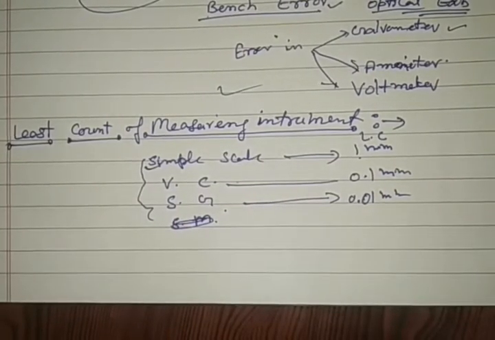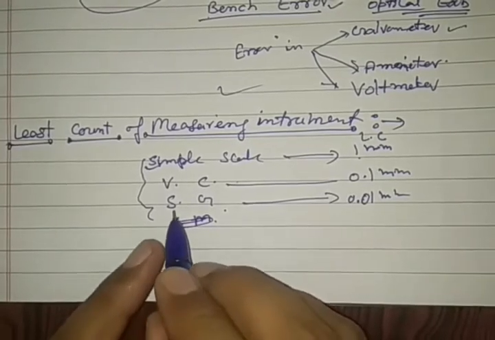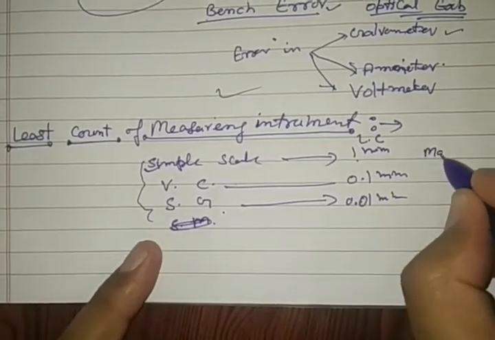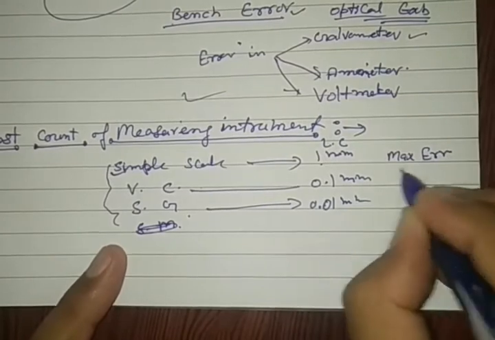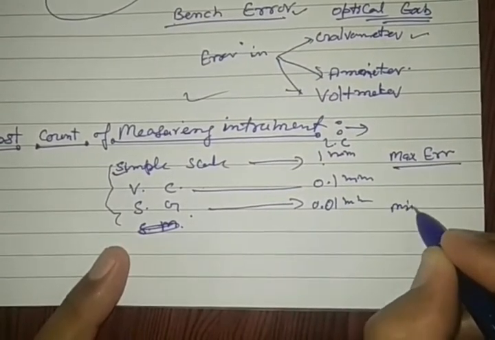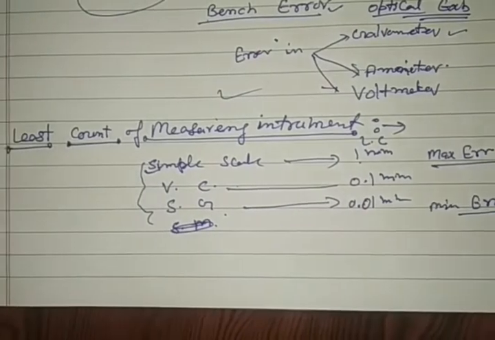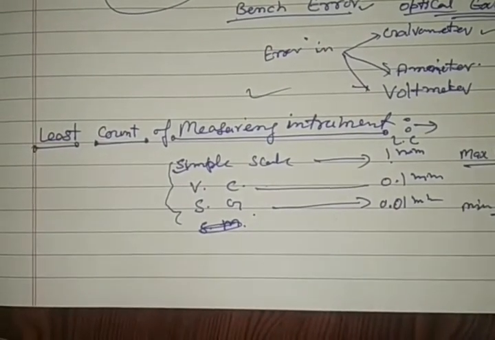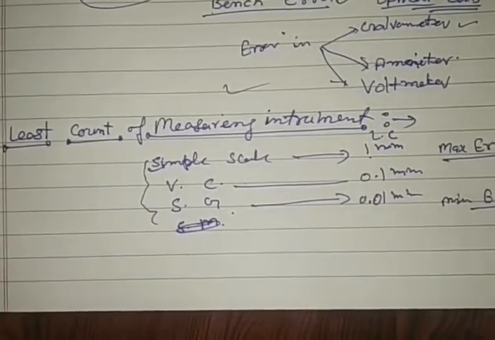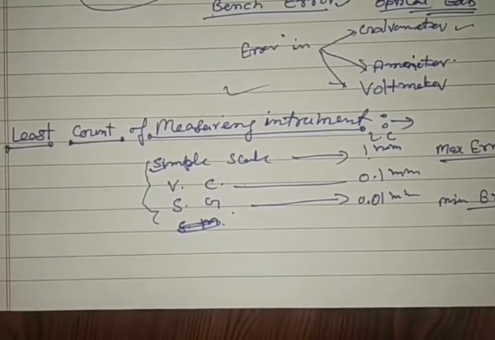This totally depends on that. So the maximum error is here, and the minimum error is possible when we take the observation with the screw gauge. So this is a comparative analysis between the three measuring instruments.